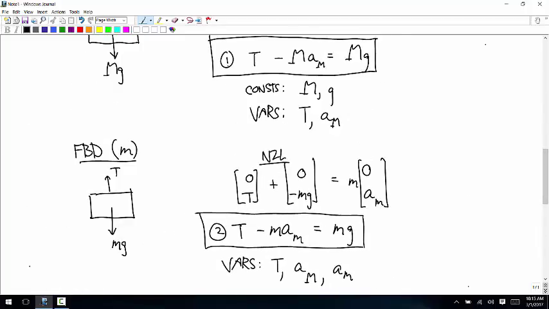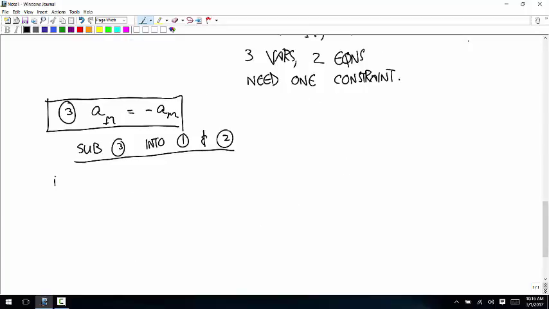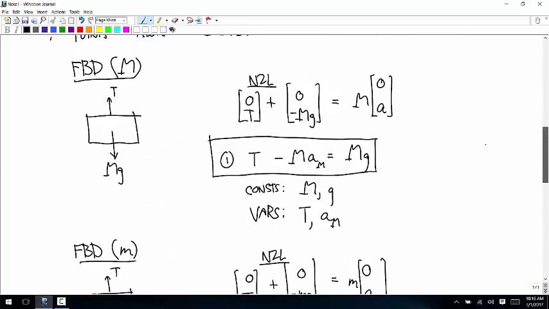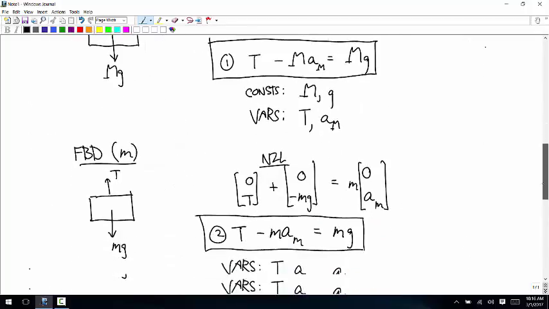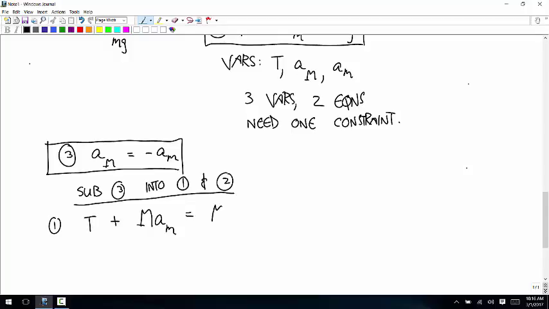And we get T plus big M times A little m is equal to big mg. So you're using big M. We're going to solve for the acceleration of the little mass.